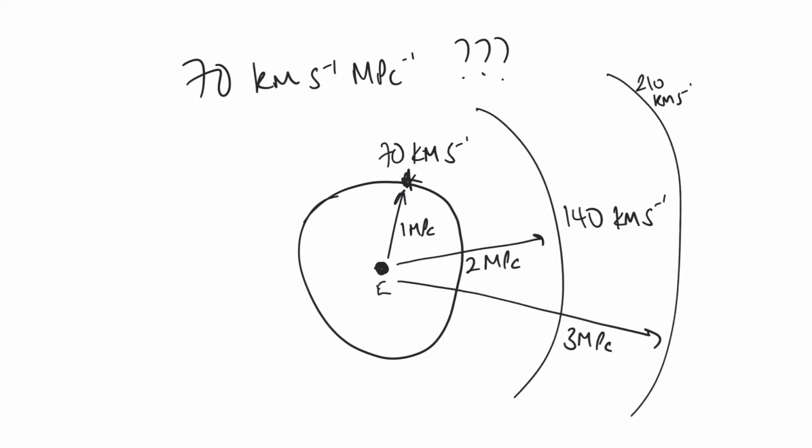So in other words, the further away something is, the much faster it's travelling away from us. The closer something is, the much slower in comparison it's travelling away from us. So for every megaparsec away, the galaxy travels an additional 70 kilometres per second away from us.